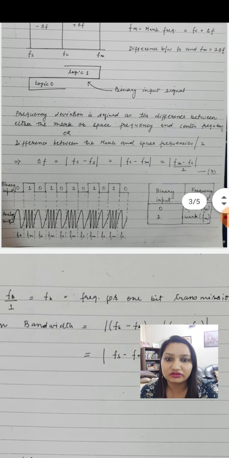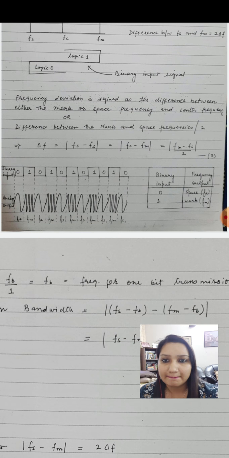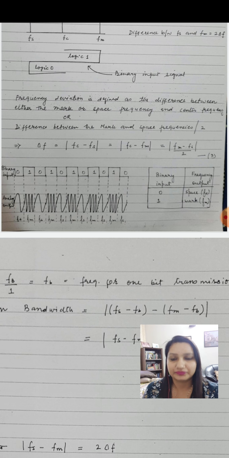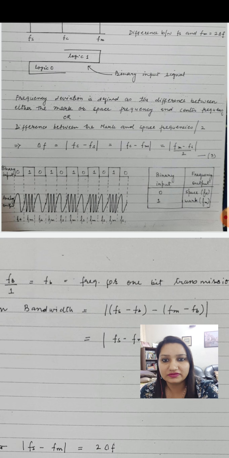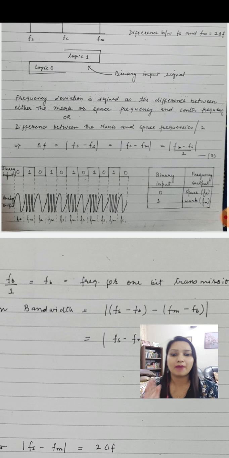So frequency deviation is referred to as the difference between either the mark or space frequency and the center frequency, or it is the difference between the mark and space frequencies divided by 2, because the difference between the mark and space frequencies is twice delta F, and then we divide it by 2 to get the difference between the center frequency and either side band.